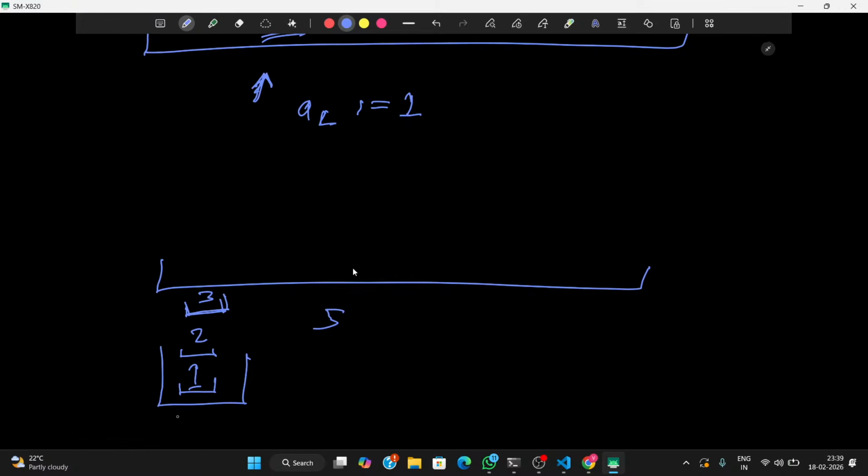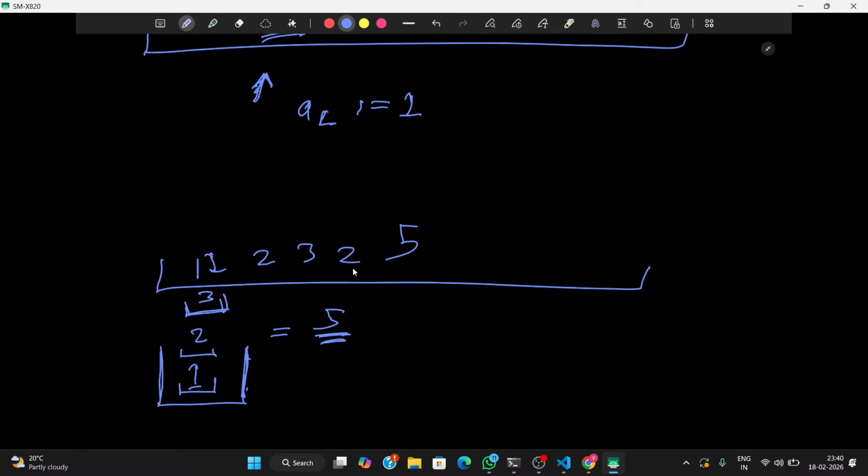Suppose 5 occurs. For this particular index containing 5 to be good, there should be a 4 before 5. And as we can see, this segment does not contain 4. Therefore, we cannot continue this segment further. The segment was something like 1, 2, 3, and then again 2, and then came 5.